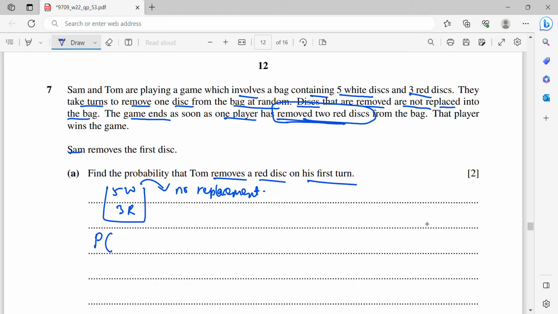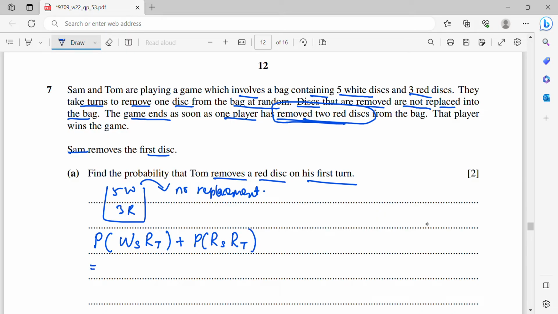Sam removes the first disc, so S represents Sam. It could be white from Sam and then red from Tom, or red from Sam and then red from Tom.